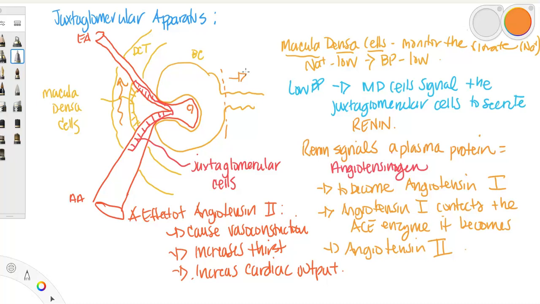There's no reabsorption going on in Bowman's capsule. It is just filtration, just stuff being filtered out of the blood into the capsule. And then as we get into the tubules, starting with the proximal convoluted tubule, the PCT here, that's where reabsorption starts.